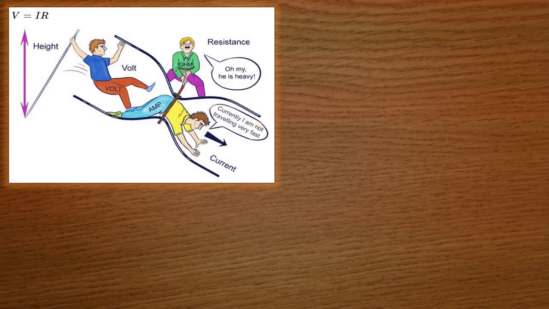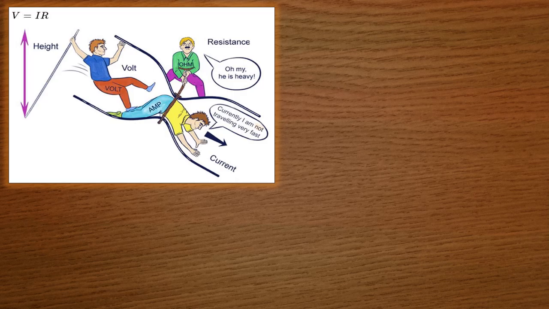Now I am going to show you a very interesting picture. This picture is very funny. There are three persons. One person is pushing another person, and the third person is trying to make an obstacle in the path of his moving.